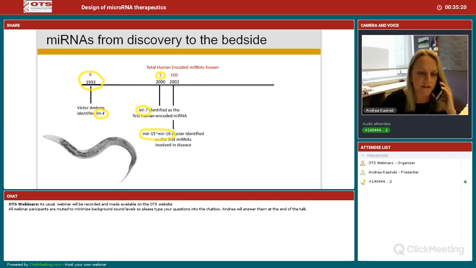And this wasn't just a correlation. These microRNAs were actually determined to contribute to chronic lymphocytic leukemia. So not only are these microRNAs found in the human genome, but their misexpression can be causal in various diseases, including cancer and others.